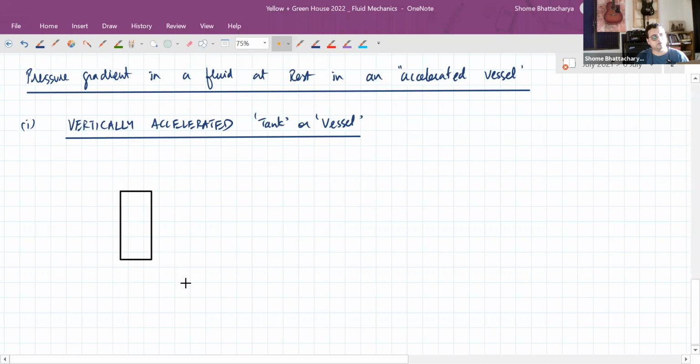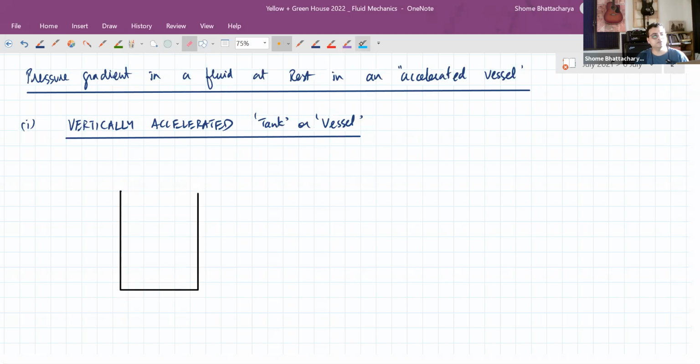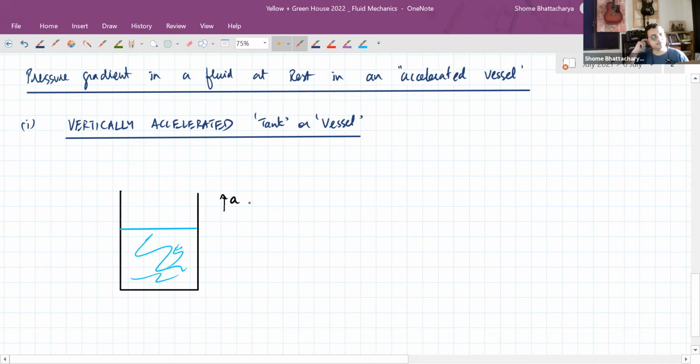So let's say we got an open vessel like before with any ideal fluid inside it. But this time, the whole vessel with the fluid is vertically accelerated with acceleration a, let's say.